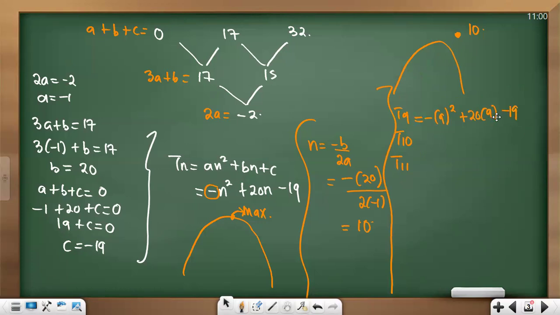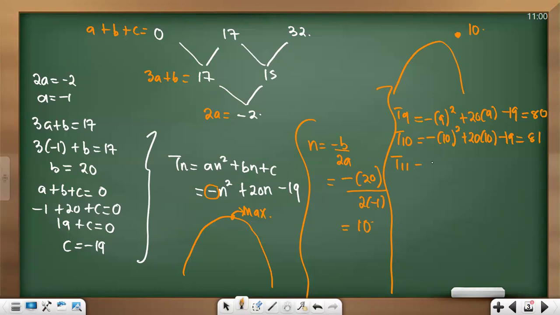So if we use a calculator, we actually get 80. And then for T10, that would be negative 10 squared plus 20 times 10 minus 19. And that's actually 10 times 20, then negative, that will be 81.